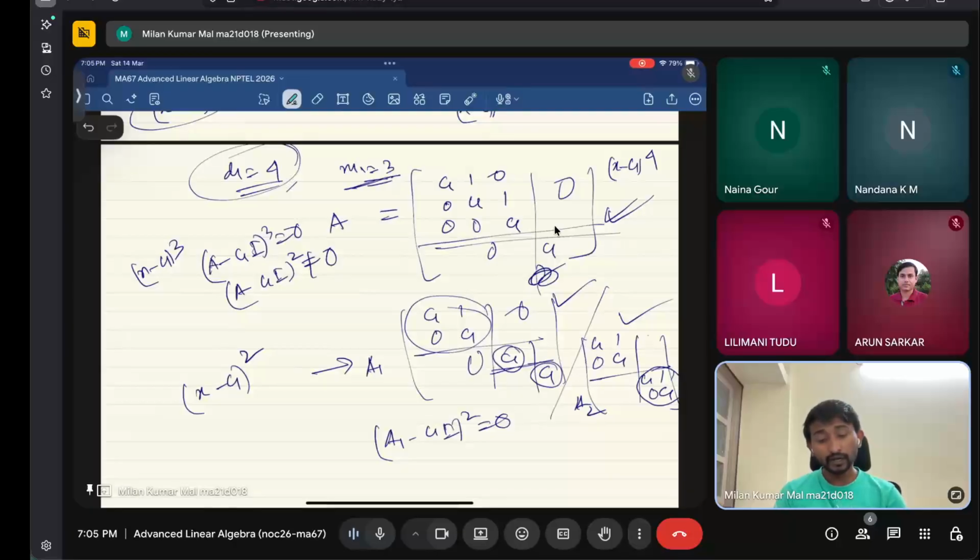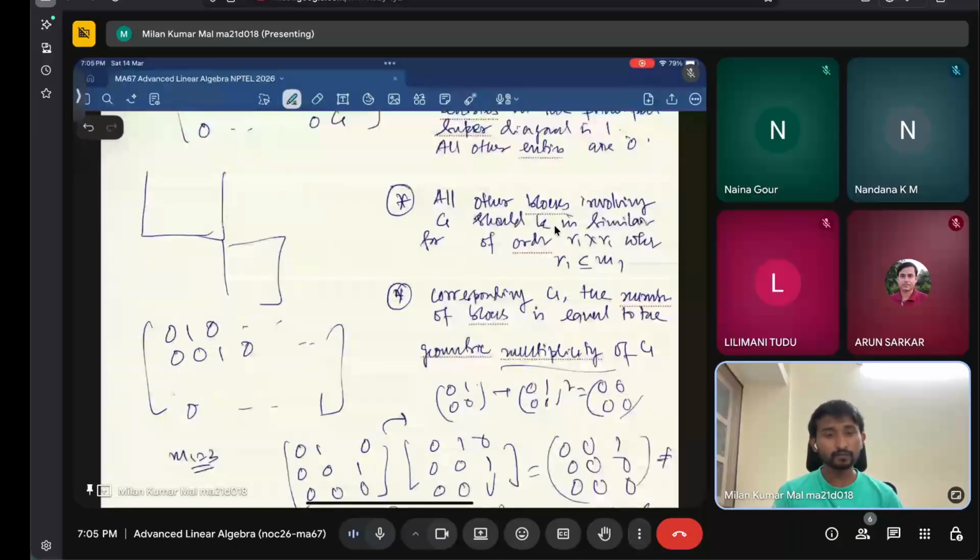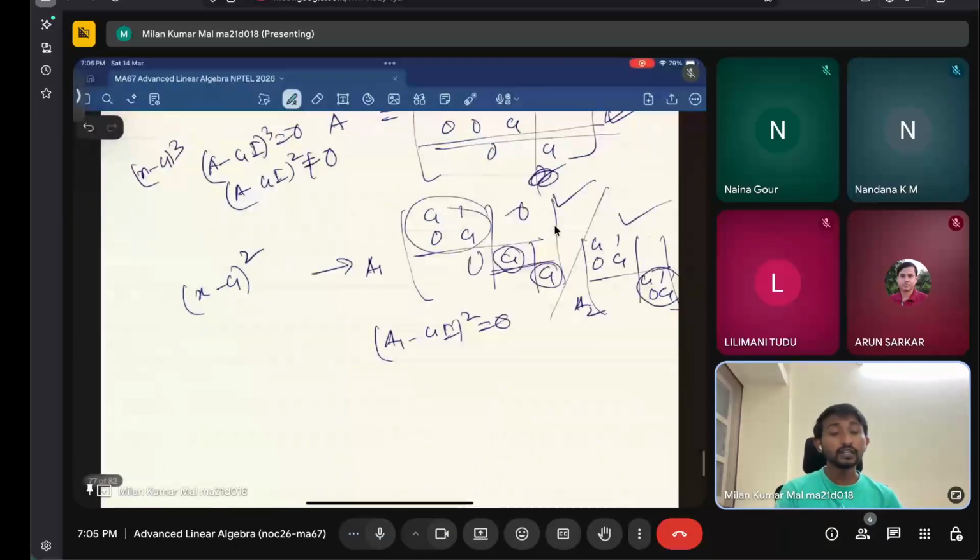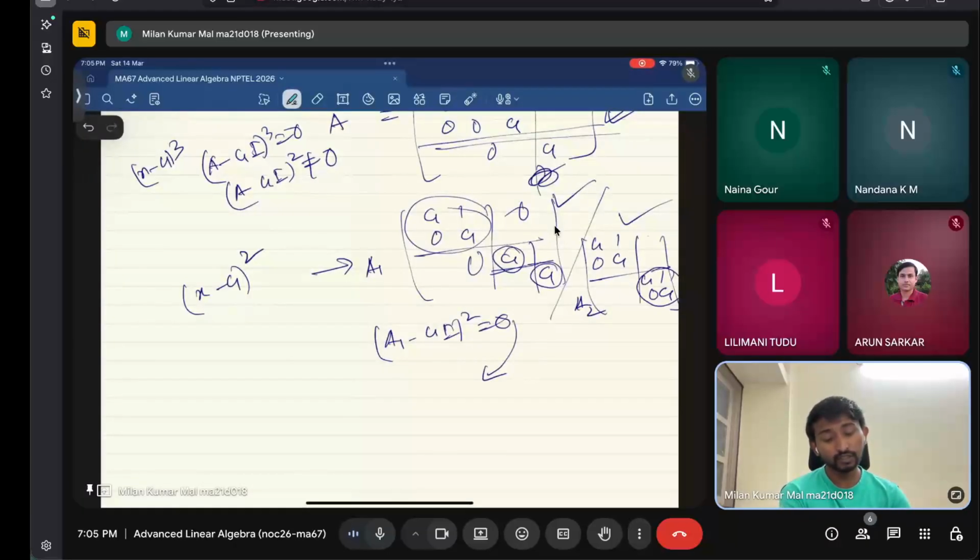If you remember, I said the number of blocks is the same as the geometric multiplicity of c1, and geometric multiplicity is the number of eigenvectors corresponding to that eigenvalue. In the first case, the number of eigenvectors corresponding to this eigenvalue is 3, because there are 3 blocks. This is first, this is second, this is third. In the other case, the number of eigenvectors corresponding to the eigenvalue c1 is 2, because there are only 2 blocks.